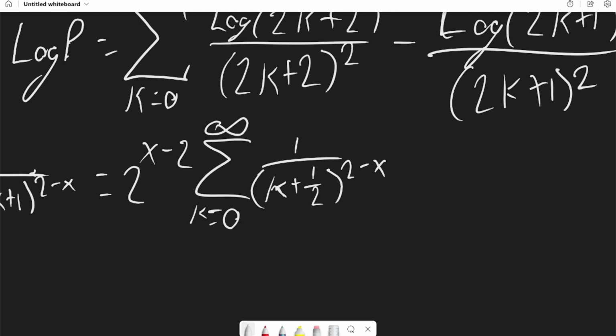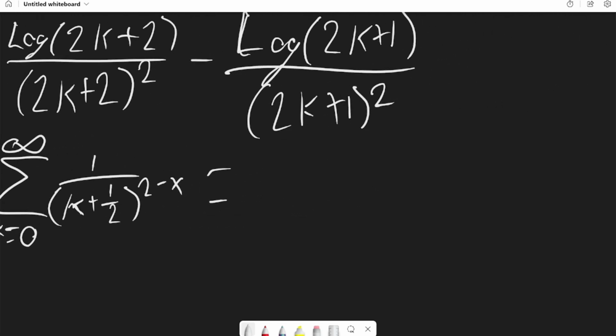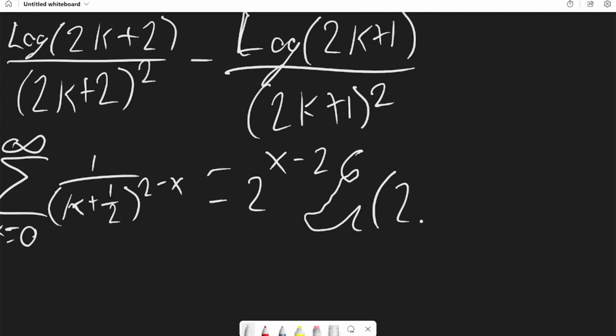And now this is equal to 2 to the x minus 2 times the Hurwitz zeta function of 2 minus x and 1/2.